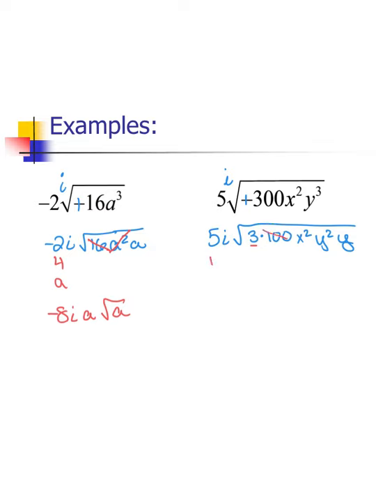The square root of 100 is 10. The square root of x squared is x. The square root of y squared is y. In front of my radical sign, I'm going to multiply all of those terms together. So 5i times 10 is 50i x y. Under the radical, I still have a 3 and a y.